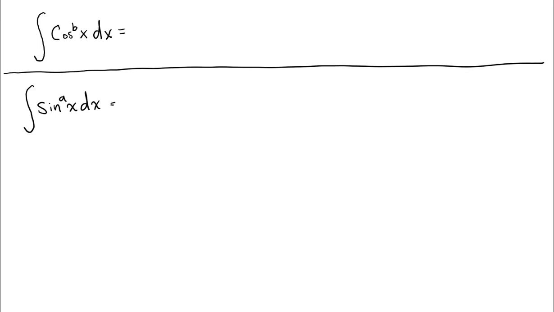We don't necessarily have a product here. We can rewrite this as the product of sine to the power of a minus 1 of x, times sine of x. If we added the exponents, a minus 1 plus 1 would equal a, so these two integrals are equivalent.